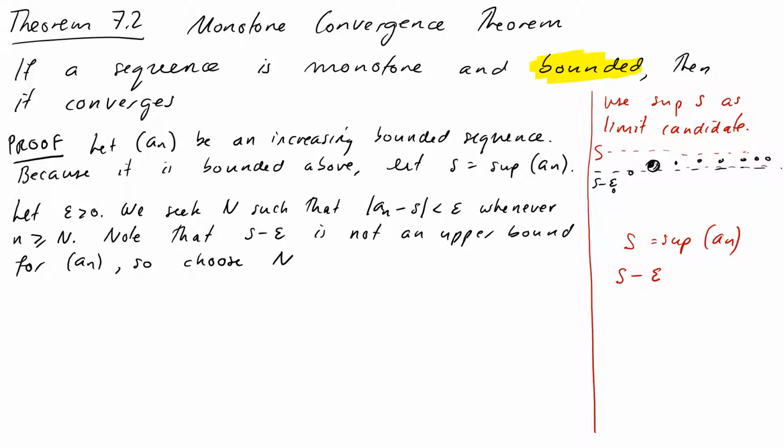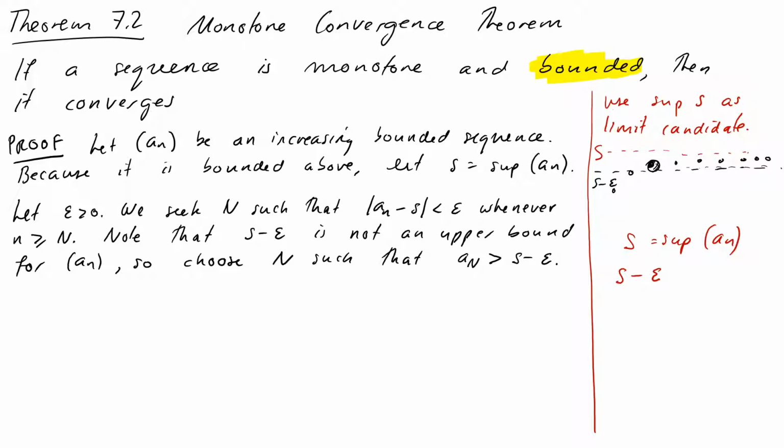So choose N such that a_N is greater than S minus epsilon. And that should be a capital N. Okay, guaranteed because S minus epsilon is not an upper bound, which means there must be something in the set that's larger than it.